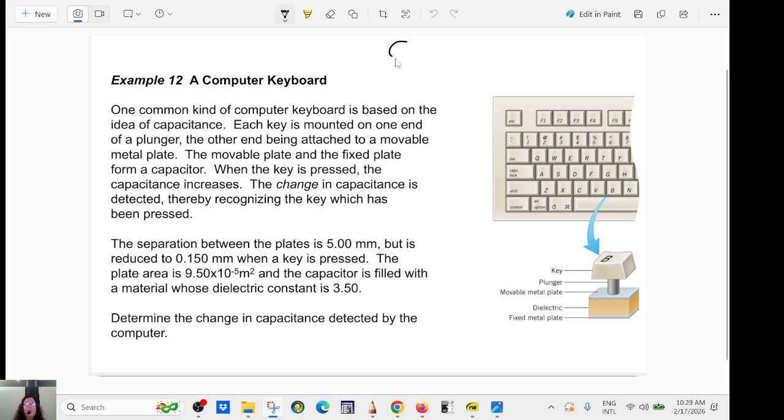So the equation: capacitance equals dielectric constant times epsilon 0 times the area divided by the distance between the plates. So we have the distance, which is 5 times 10 to the negative 3. That will be the area, and that will be the dielectric constant.